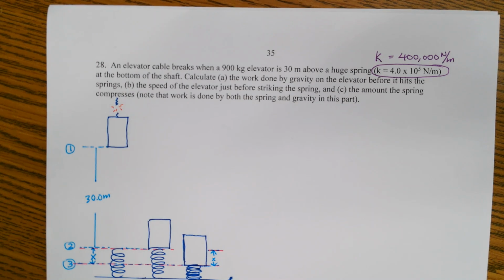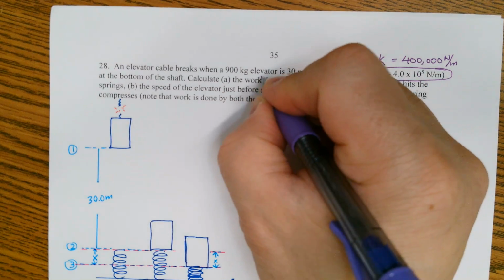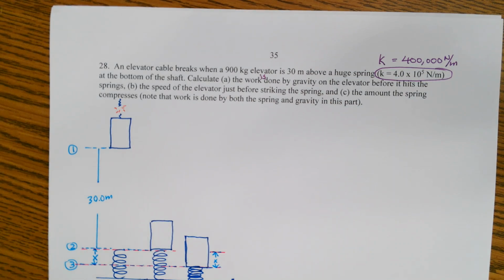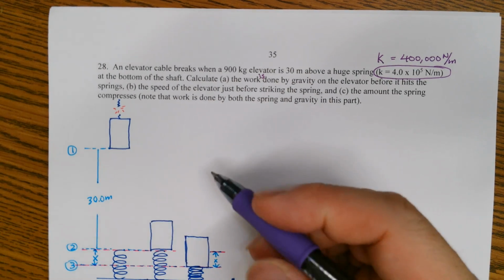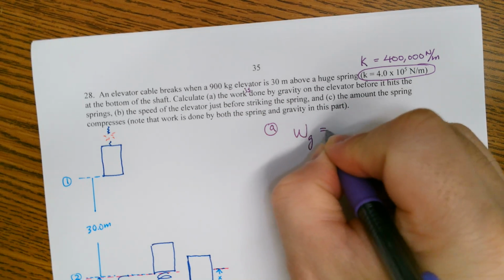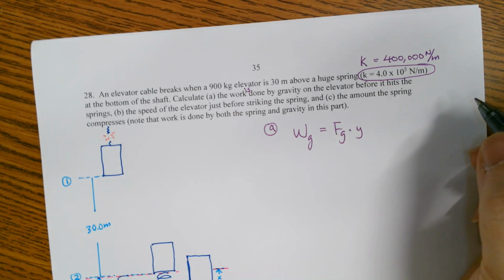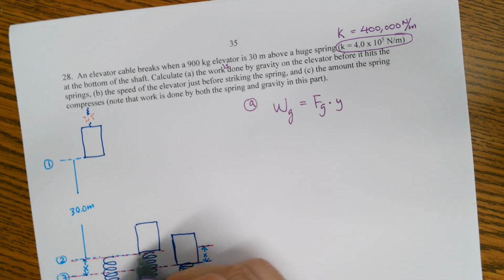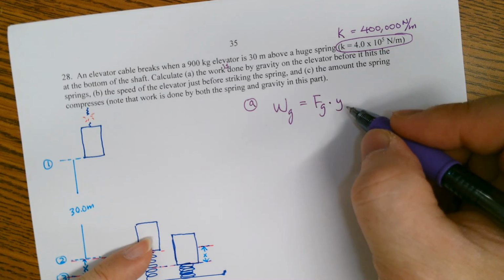Now they're saying, okay, A, what work is done by gravity on the elevator before it hits the spring? So they want to know how much work is done by gravity, and that is just Fg dot y, right? Right before it hits the spring. So they only want to know from here to here. So y is 30.